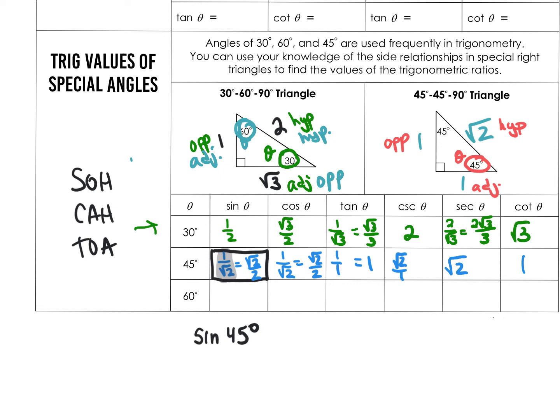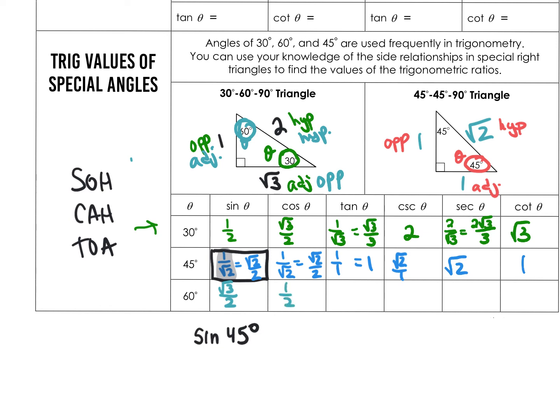For example, the sine of 60 is the opposite over hypotenuse. So our new opposite is square root of 3 over 2, which is what we got for cosine of 30. That's the same for sine of 60. And there is a pattern there that we'll see later on. The cosine of 60 is adjacent over hypotenuse, that's 1 over 2.